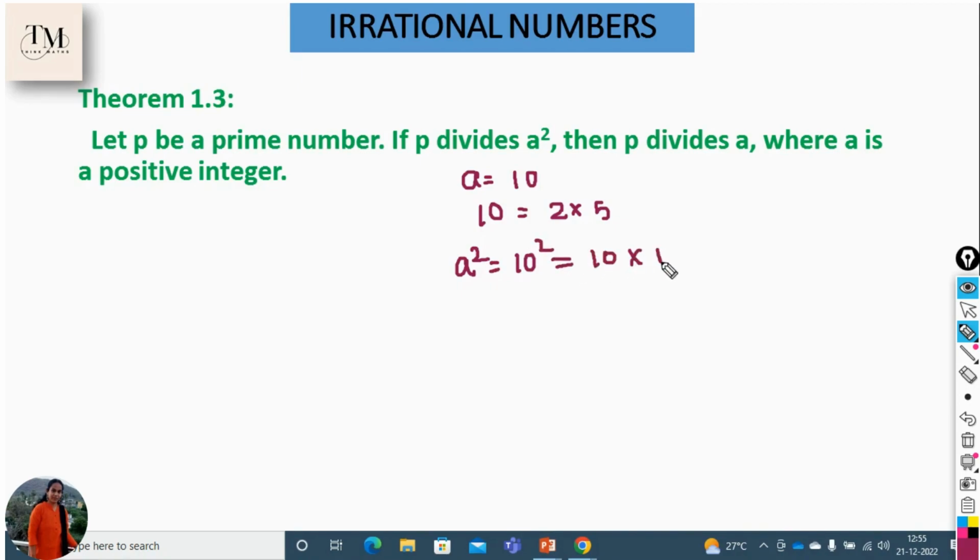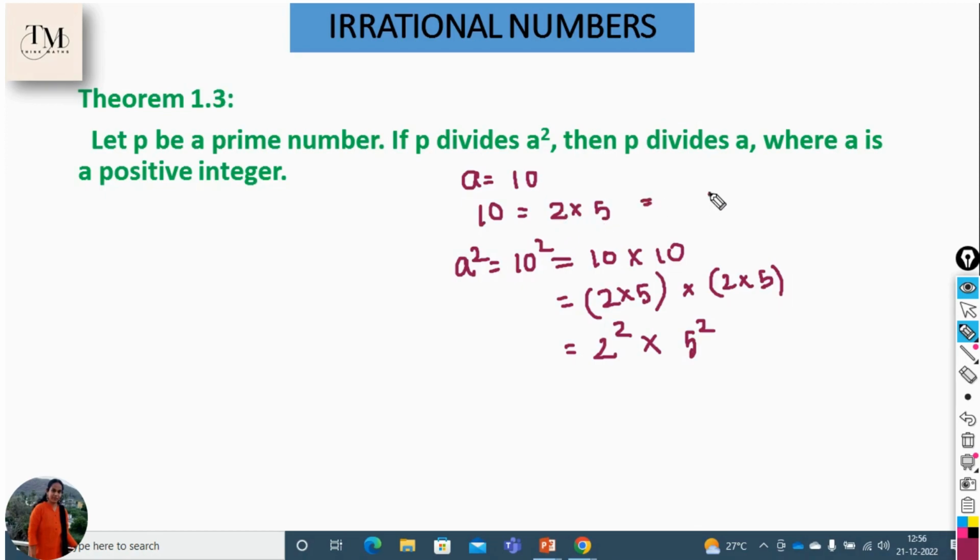This can also be factorized as 2 into 5, again 2 into 5. So this is nothing but 2 power 2 into 5 power 2. Here 10 is a, and 2 and 5 are prime numbers.